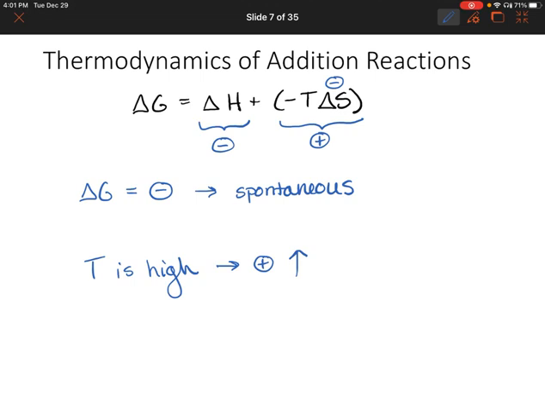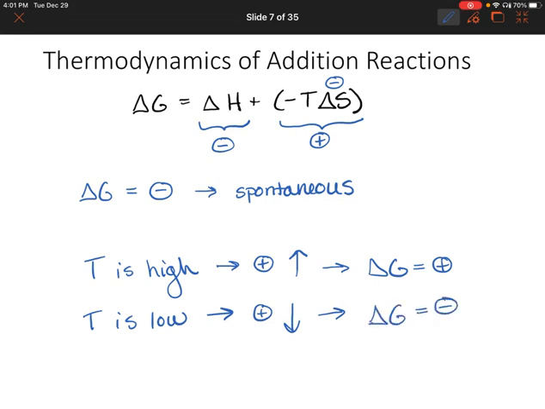And so that's going to overpower the enthalpy part, the negative part. And that means that delta G will be positive. But if the temperature is low, then the positive part of our equation, that entropy part, is going to decrease in magnitude. It's going to be really small. So then the enthalpy part, the negative part of our equation, will dominate. So that means that delta G is negative.